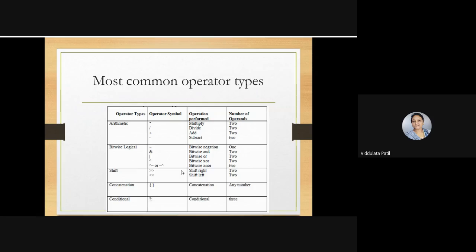One is for the condition, the second is the operand used if the condition is true, and the third operand is executed if the condition is not true. So these are the common operators that we are going to use in Verilog HDL.